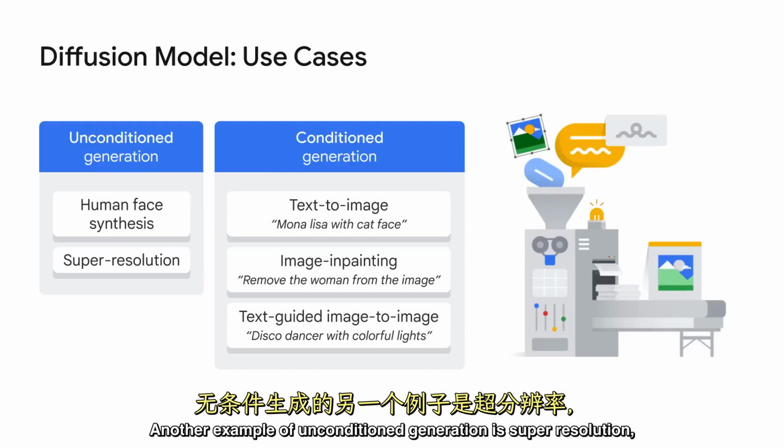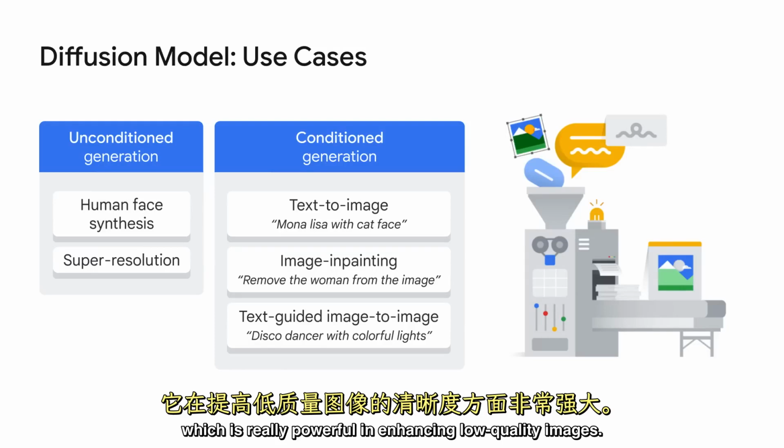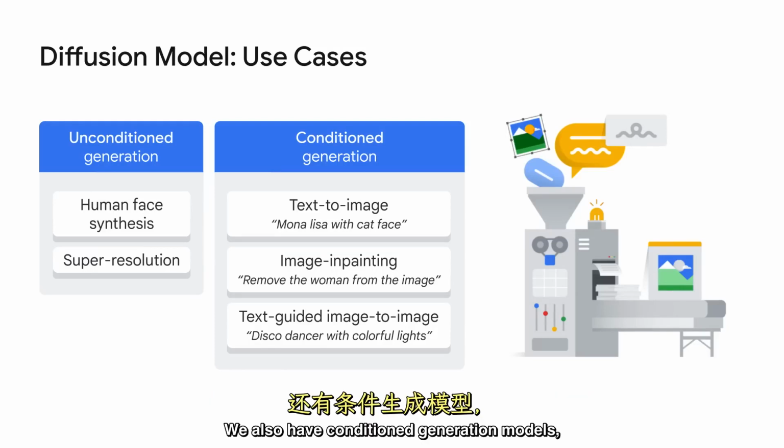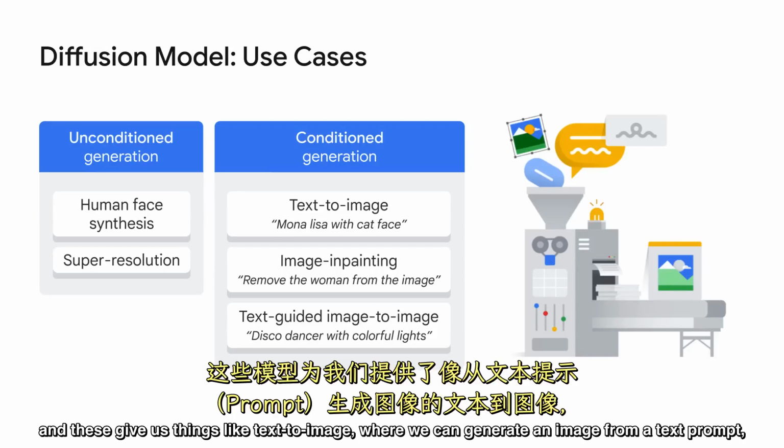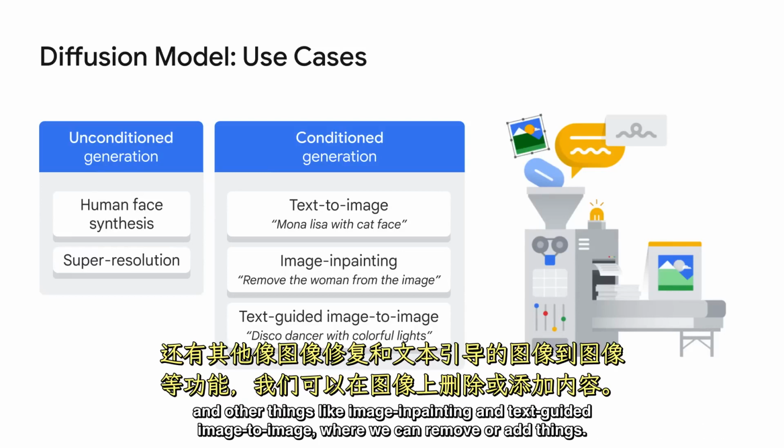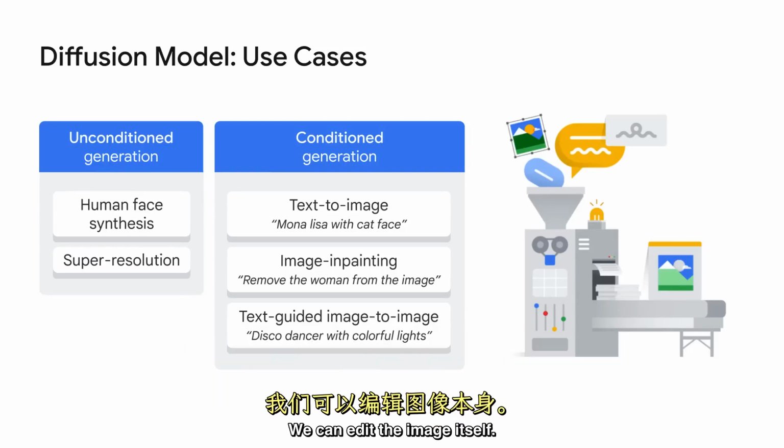Another example of unconditioned generation is super resolution, which is really powerful in enhancing low-quality images. We also have conditioned generation models, and these give us things like text-to-image, where we can generate an image from a text prompt, and other things like image inpainting and text-guided image-to-image, where we can remove or add things, we can edit the image itself.